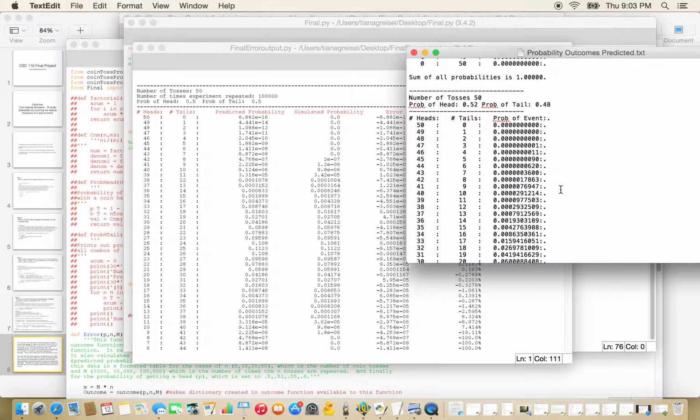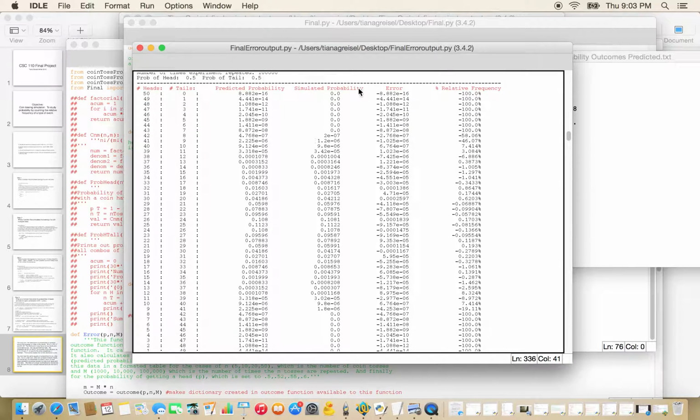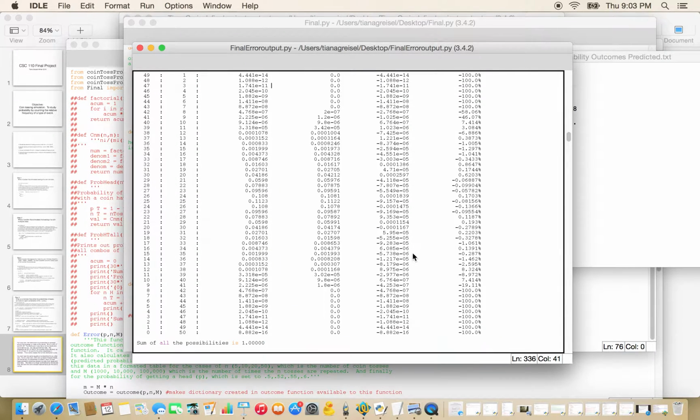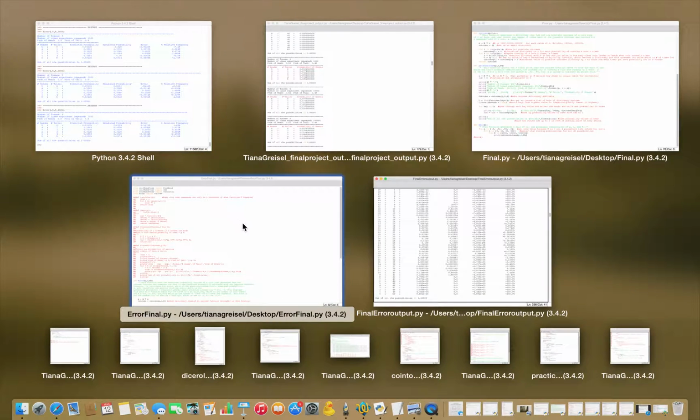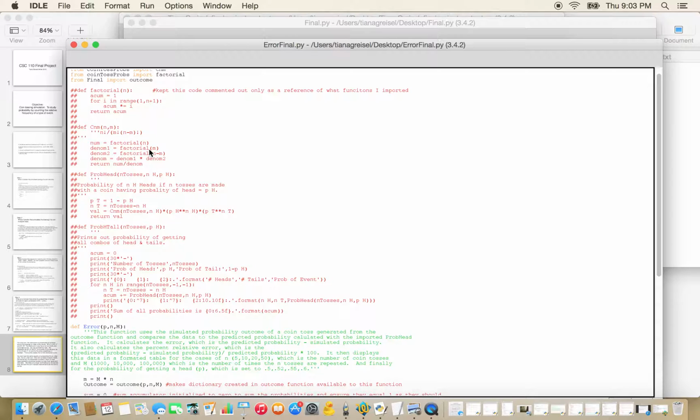So even though this mathematical calculation for probability, even that gets it at 0, even though it does it like a million times. So this is my error, which is very close. The relative error is so small that makes sense. And then how I calculated the relative error was I used the mathematical formula that my teacher used, which is n factorial over m factorial.